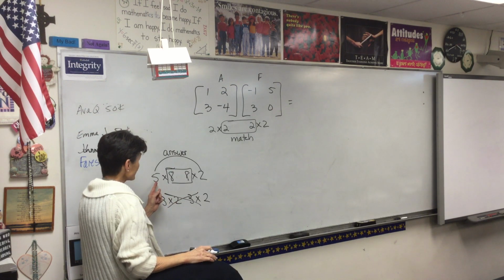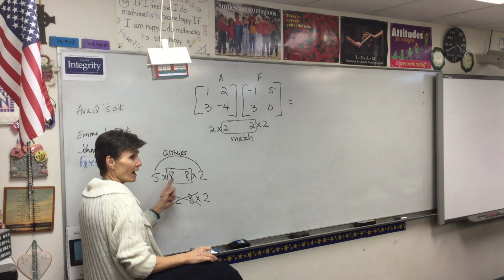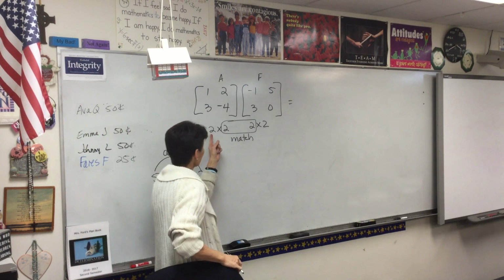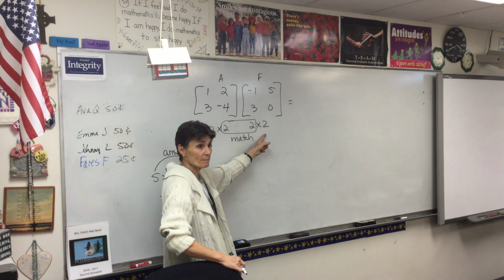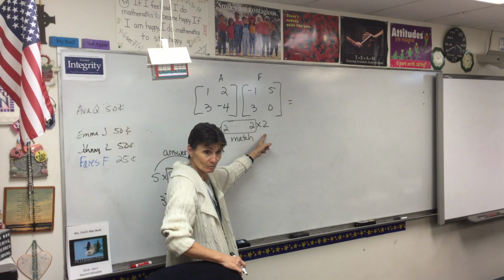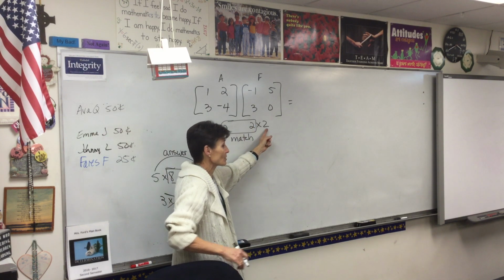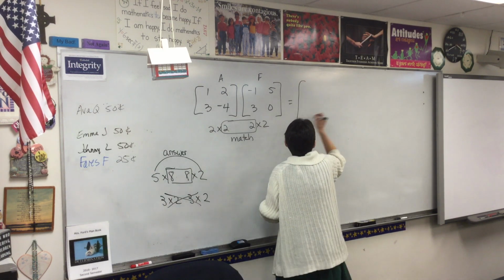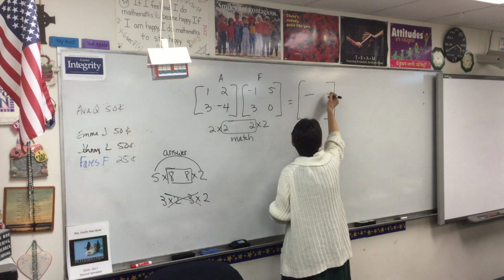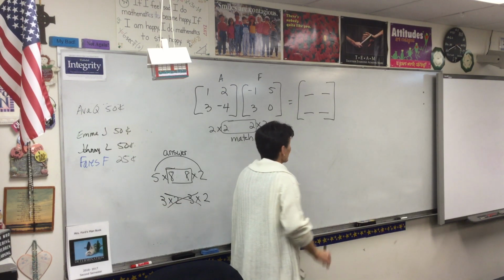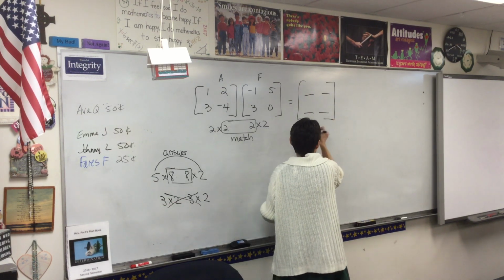So in this case, my answer would be a 5 by 2. In this case, my answer is just going to be another 2 by 2. So 2 rows, 2 columns.